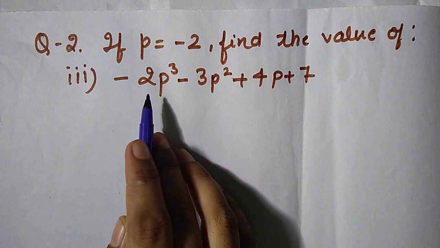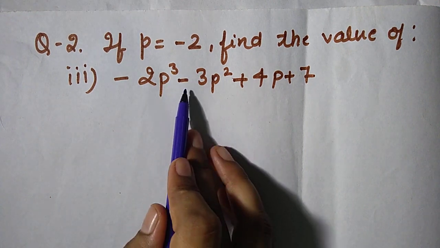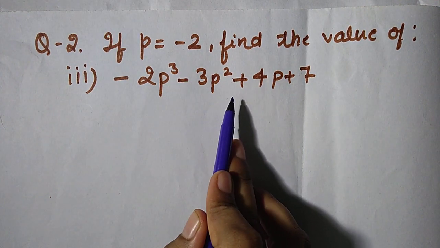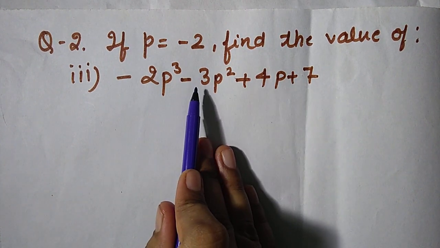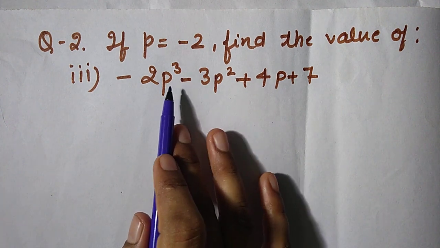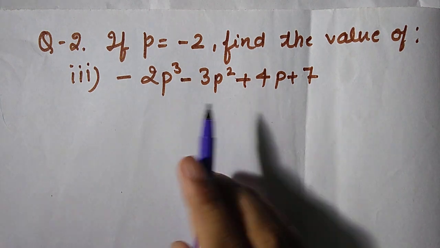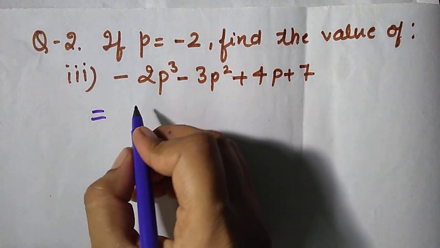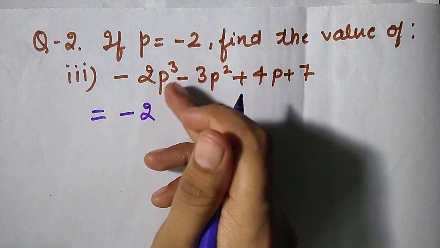The given expression, third part I am taking, is minus 2p cube minus 3p square plus 4p plus 7. In place of p I will substitute minus 2. As we are observing that the power of the variables are present, first I will write 2p raised to the power 3, or you can say p cube.